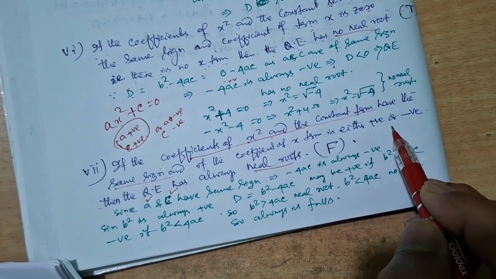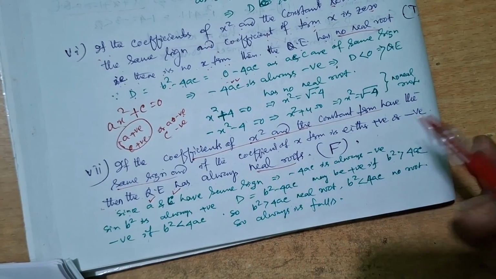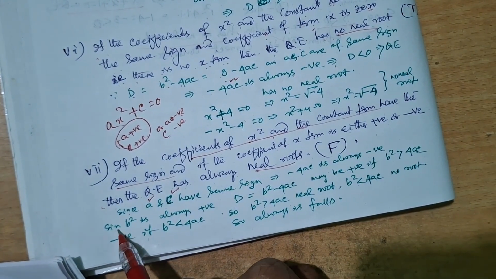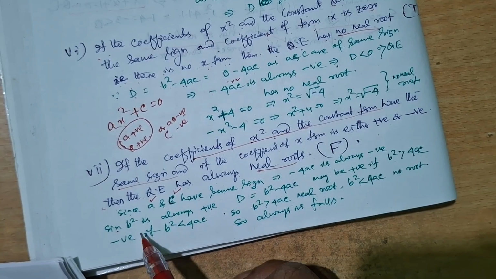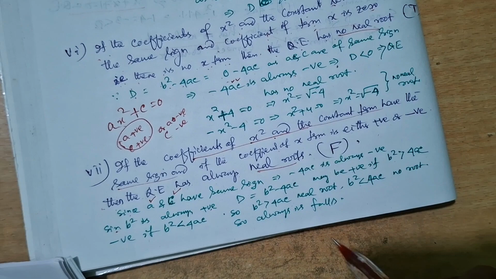So minus 4ac is always negative. B square is always positive, because whatever the value of b, positive or negative, b square is always positive.